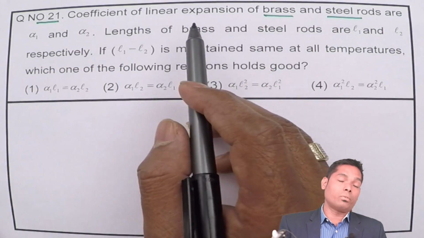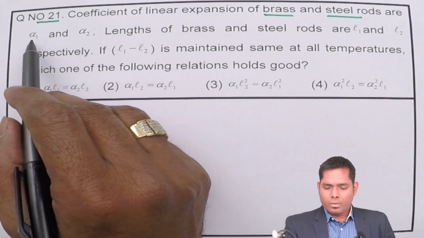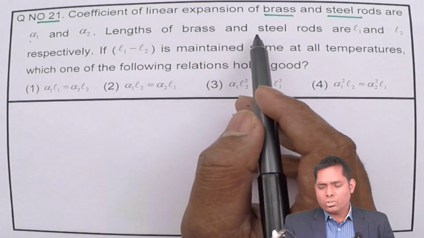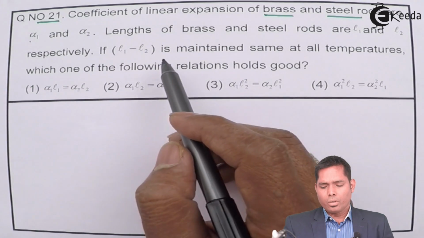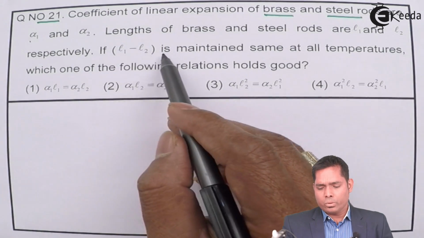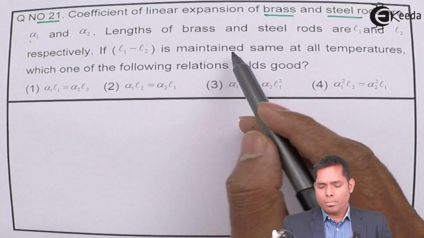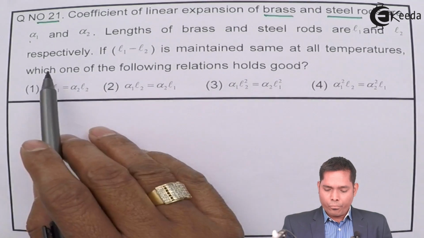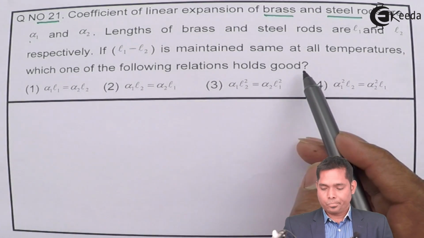The coefficients of linear expansion of both these metals are given, alpha 1 and alpha 2. Lengths of brass and steel rods are L1 and L2 respectively. If L1 minus L2 is maintained the same, that is, the difference is maintained the same at all temperatures, which one of the following relations holds good?